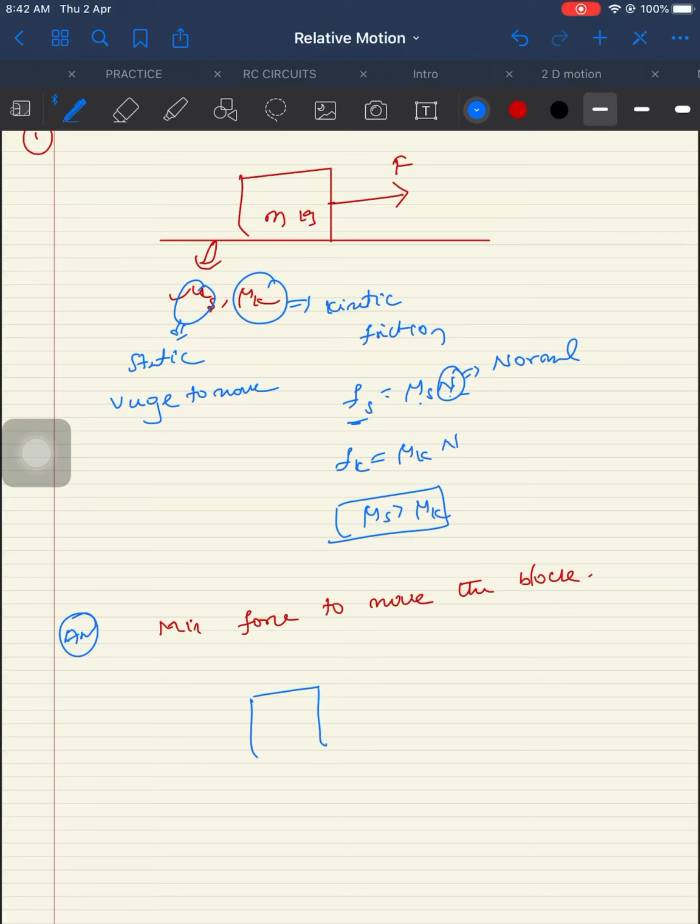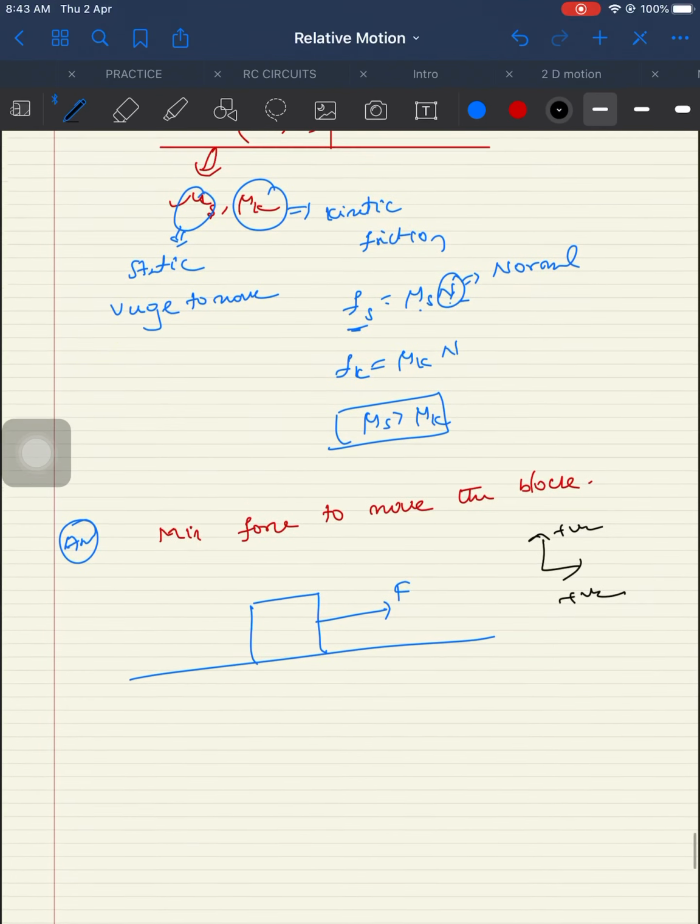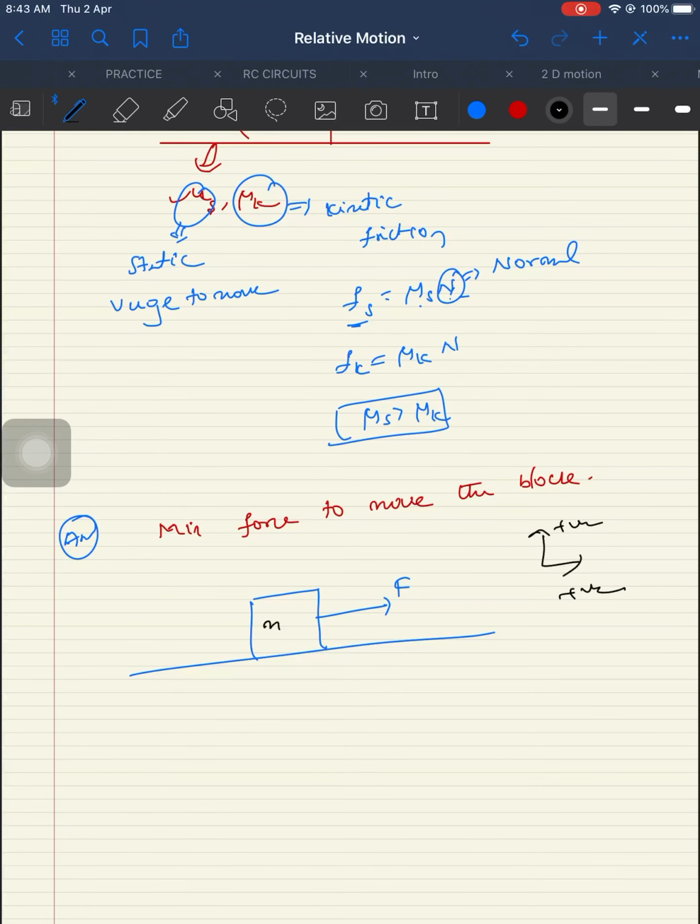We are going from very fundamental questions. This is F. As per our discussion, three things are very important: directions. I'm considering this direction positive, and this is mass m.